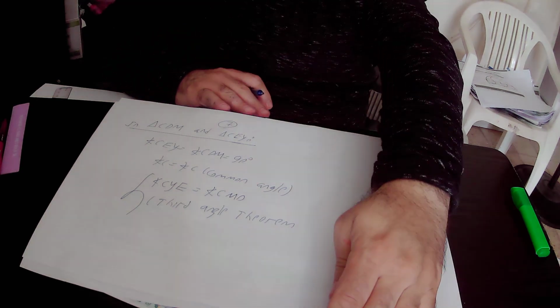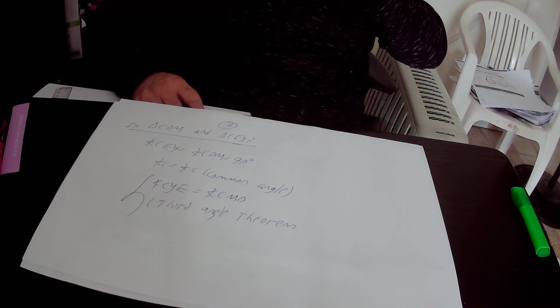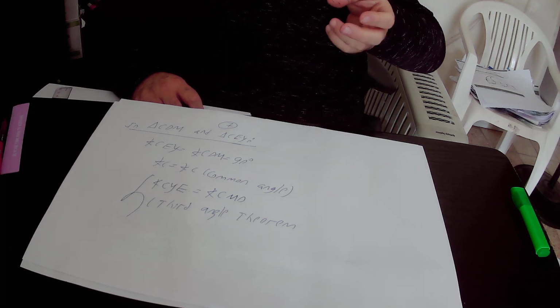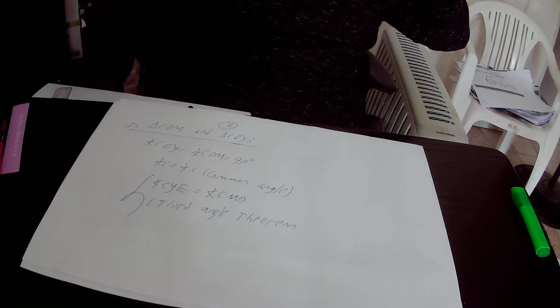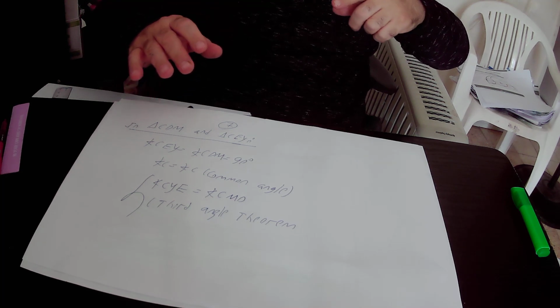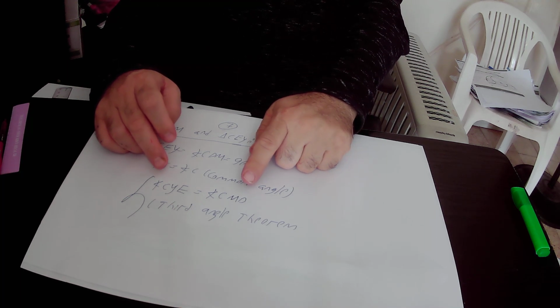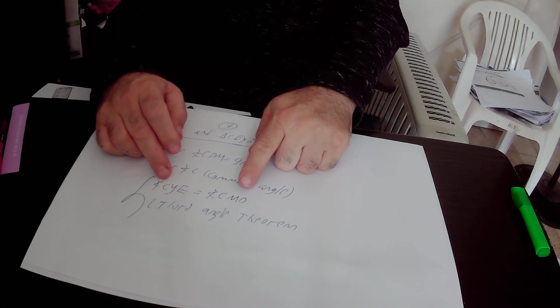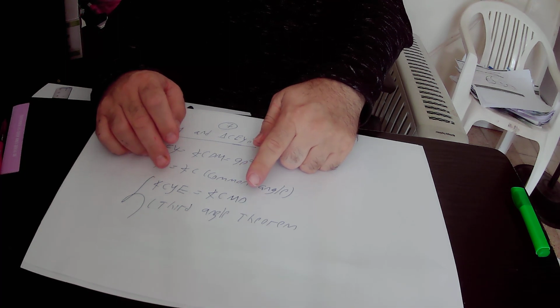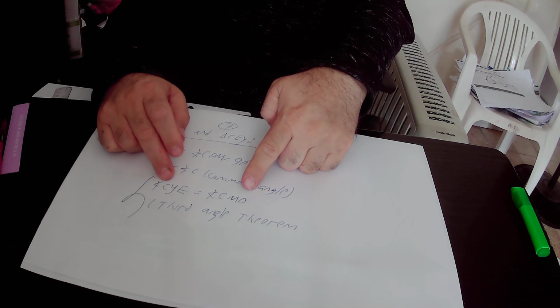Okay, so what is the third angle theorem? The third angle theorem states that if you have two angles in one triangle that are congruent to two angles in another triangle, then the third pair of angles must also be congruent.